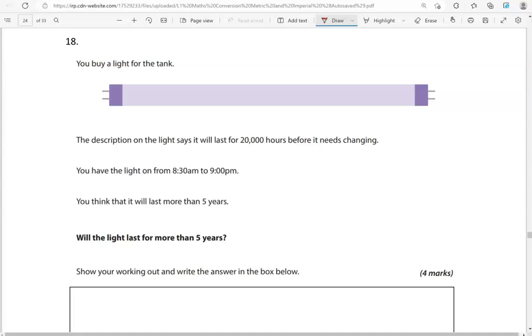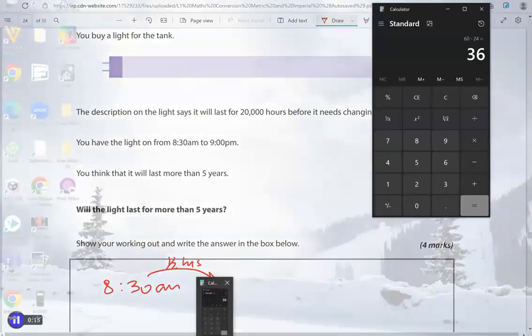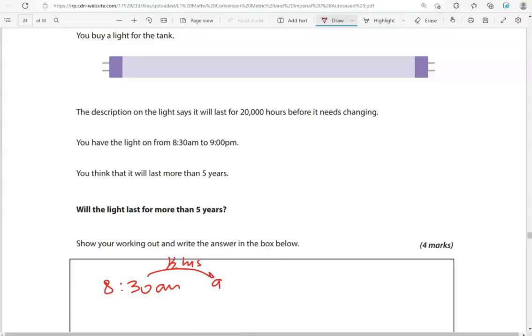Let's work out how many hours a day the light is on. From 8:30 a.m., if we add half an hour, that will go to 9 a.m. Then, to get to 12 p.m., which is midday, we add 3 hours.